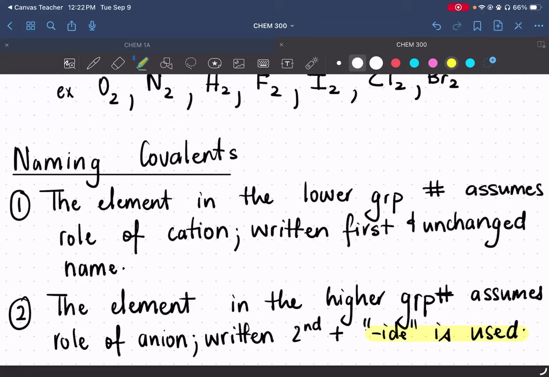So far, naming the two species, it follows a very similar pattern. What's on the left is presumed to be positive, written first, unchanged name. What's written second is presumed to be the anion, written second, and of course uses "ide."